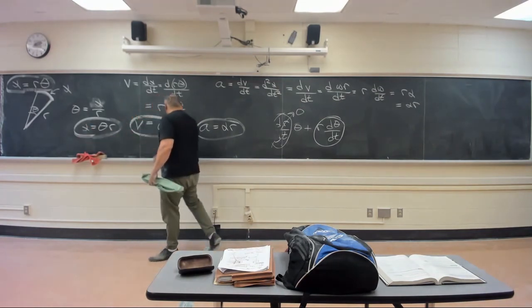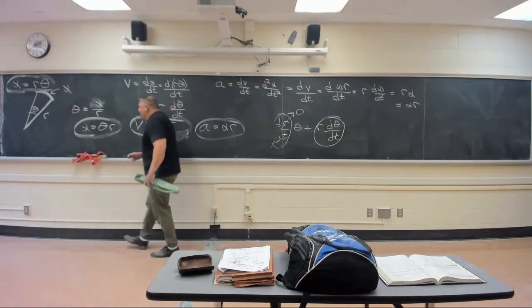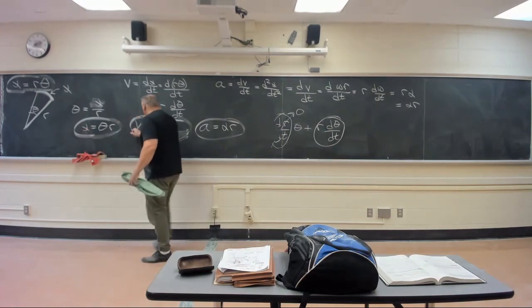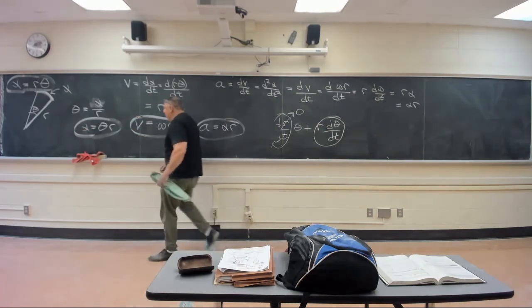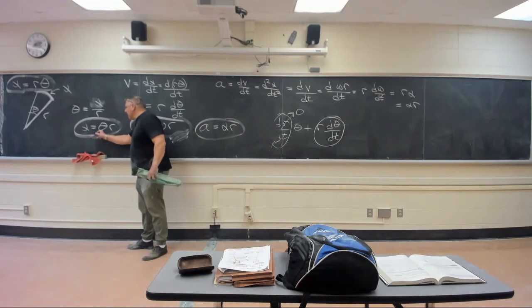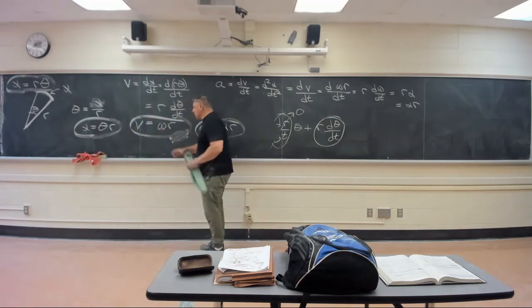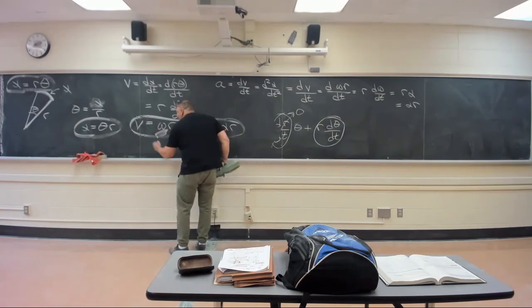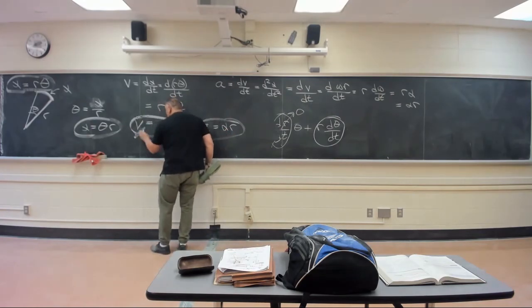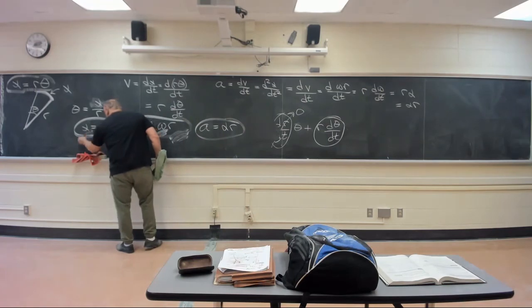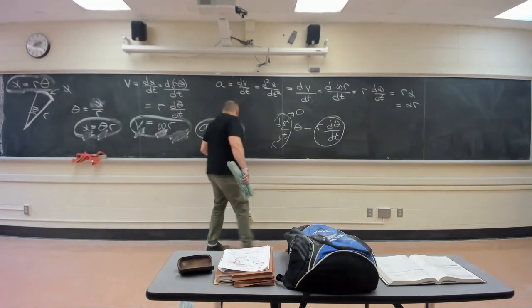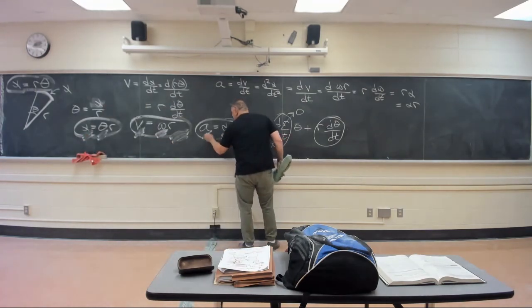Tangential, tangential, tangential. Or let me say linear, linear, linear. Yeah, I know, but the linear came from something associated with rotation. The omega. Rotation got us that, and rotation got us that.